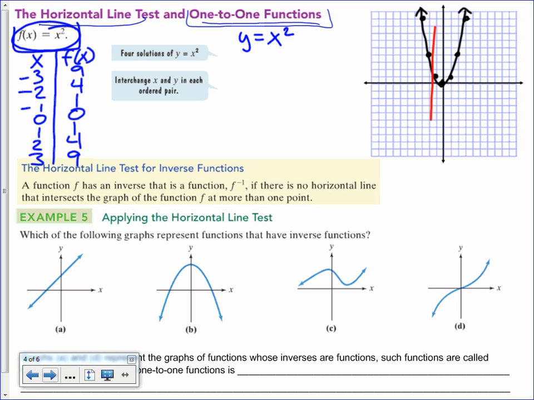Then we interchange x and y, so we have x is equal to y squared. And then our third step is to solve for y. To solve for y, we will have to take the square root here and here. Now, since we just have x, we don't have a specific number, then we know that it will have 2 roots, a positive and a negative.